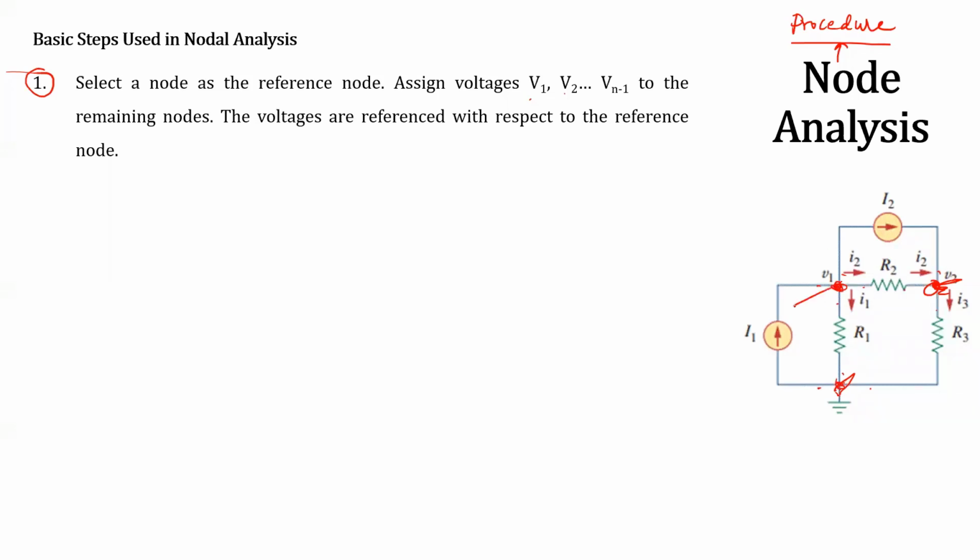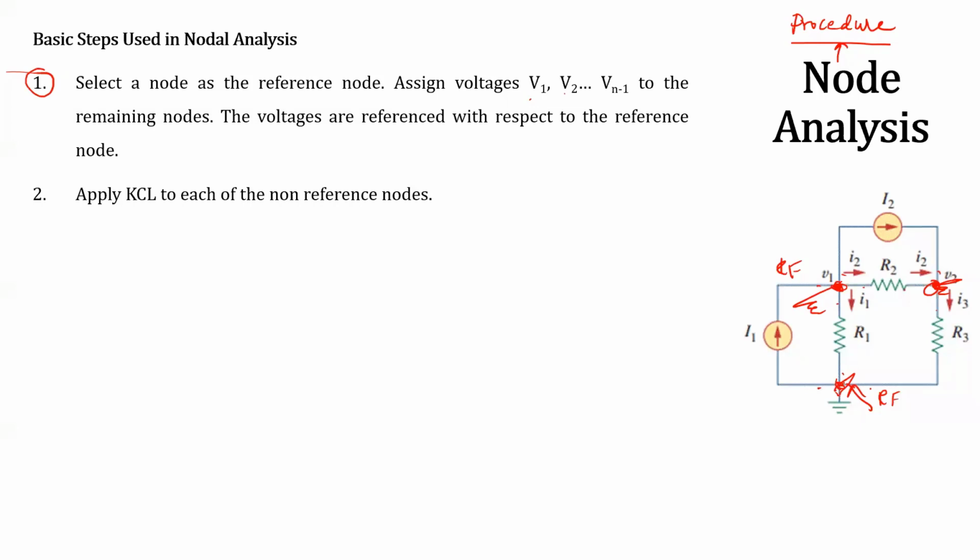Even you can consider this also as the reference node. No problem if it is selected as the reference node. Okay. So the next point is, what is the first procedure in node analysis? Identify the number of nodes, select one as a reference node and the remaining as non-reference nodes.